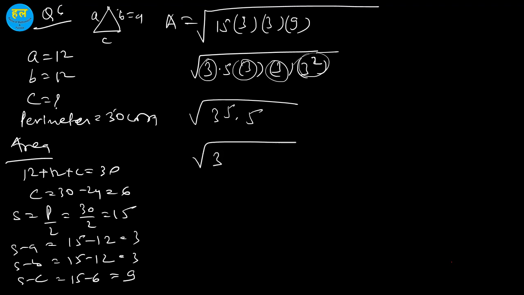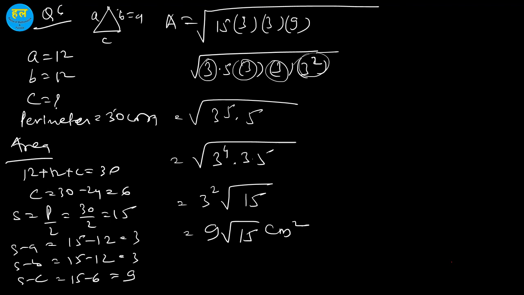We will take out the even value. 3 to the power 2 root 15. 9 root 15 centimeter square is the area of the triangle. Finished.